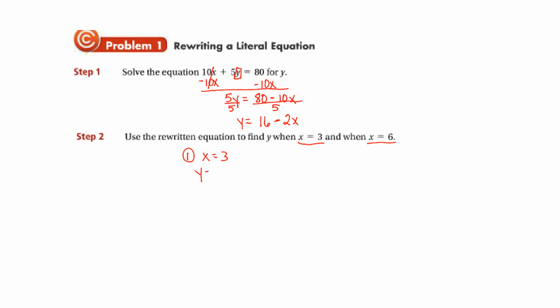So into the equation, I'm going to put 3 in place of x. And I get 16 minus 2 times 3, which is 10. And then our second situation is when x equals 6.